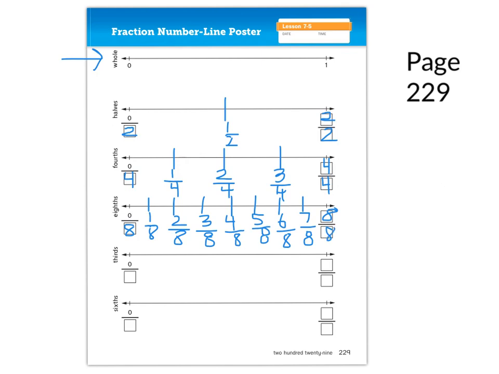Awesome. All right. Now we're moving into thirds. And like I said yesterday, thirds are just kind of tricky to divide up because it's not as simple as just splitting it in half and splitting that in half and all those kinds of things. So for thirds, we kind of have to just be careful and divide it up into 3 pieces. And if it doesn't work right away, erase it, try it again.